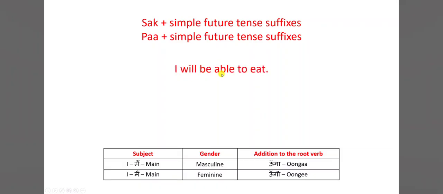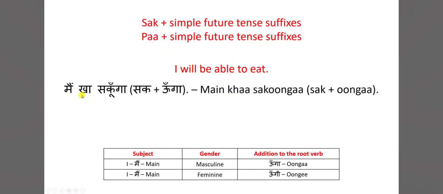I will be able to eat. This in Hindi is मैं खा सकूंगा. मैं is I, खा is eat, sakunga is will be able to.